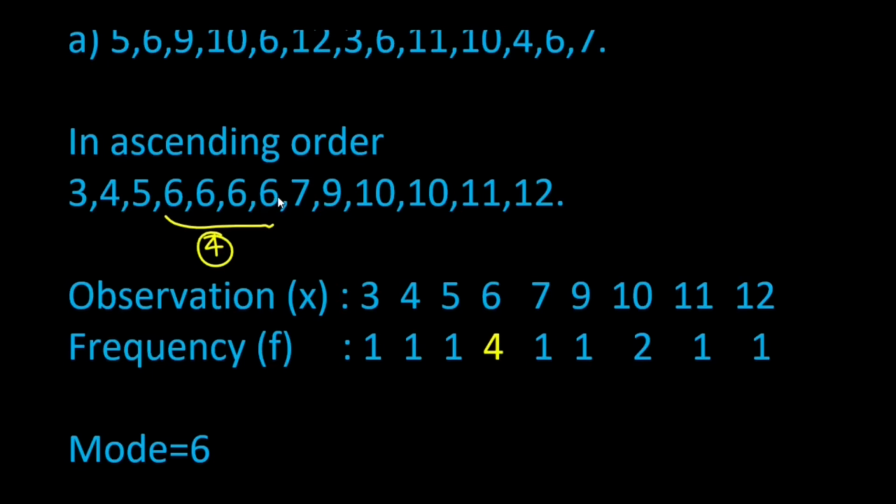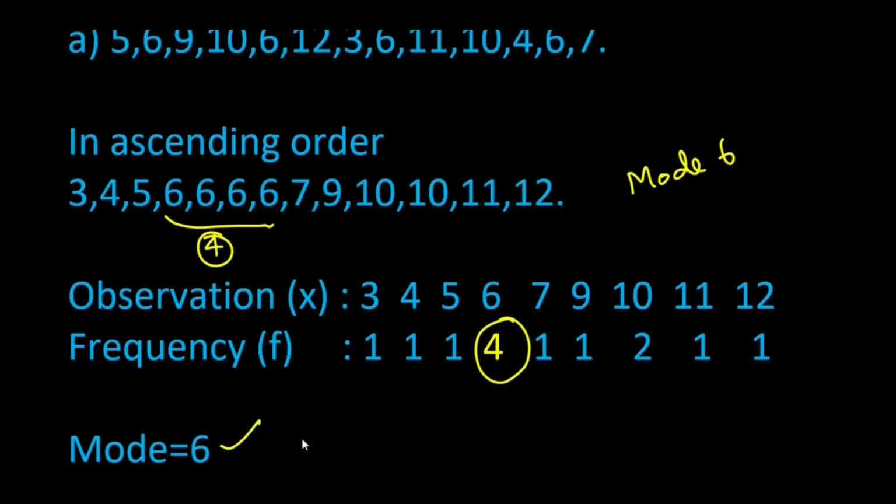So the most frequent value is 6. Mode is 6. In the frequency distribution table also, we see that 6 is occurring most frequently. The frequency of 6, that is 4, is maximum here. So the mode is 6.